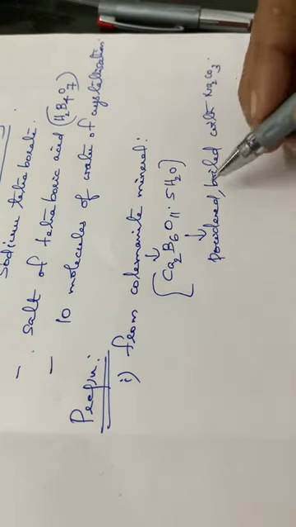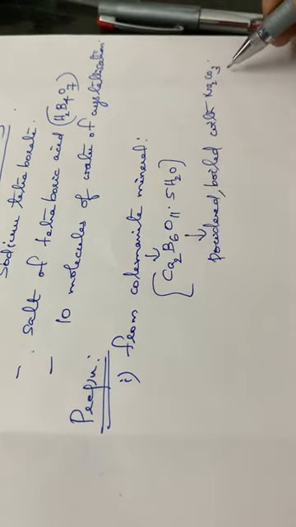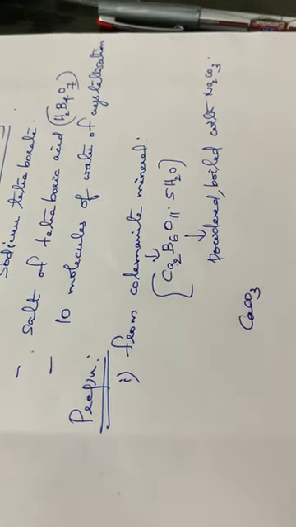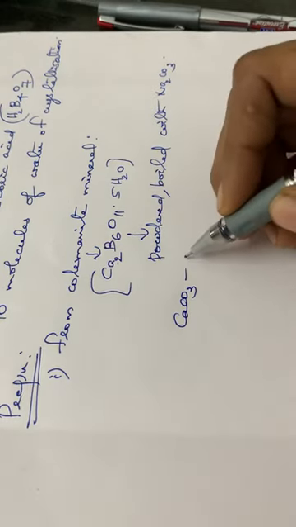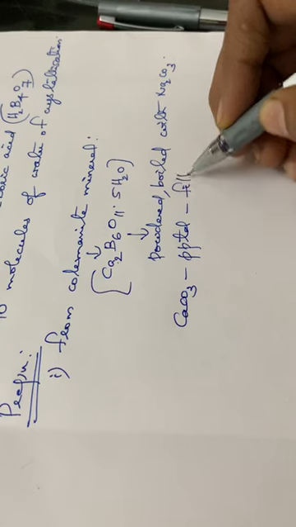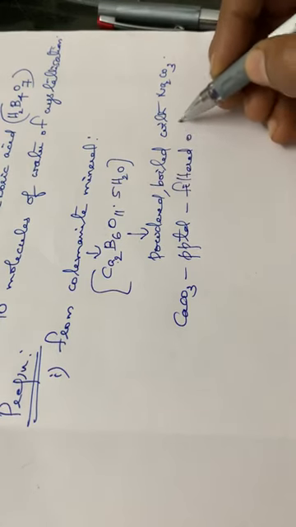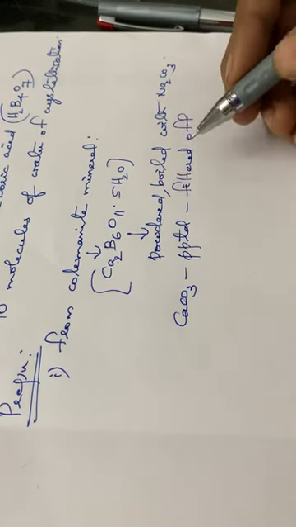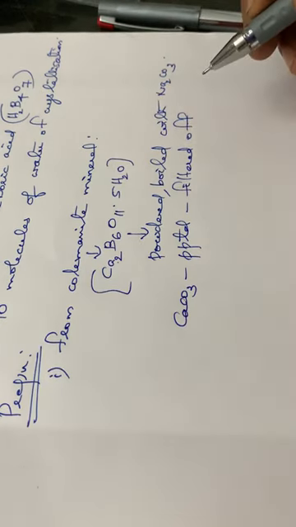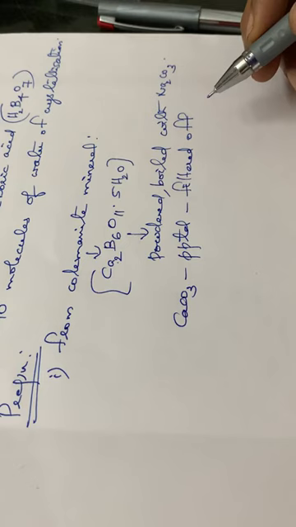When this colemanite mineral reacts with the sodium carbonate, calcium carbonate will be precipitated. Since the calcium carbonate is a solid, we can filter it off and remove it from the solution.